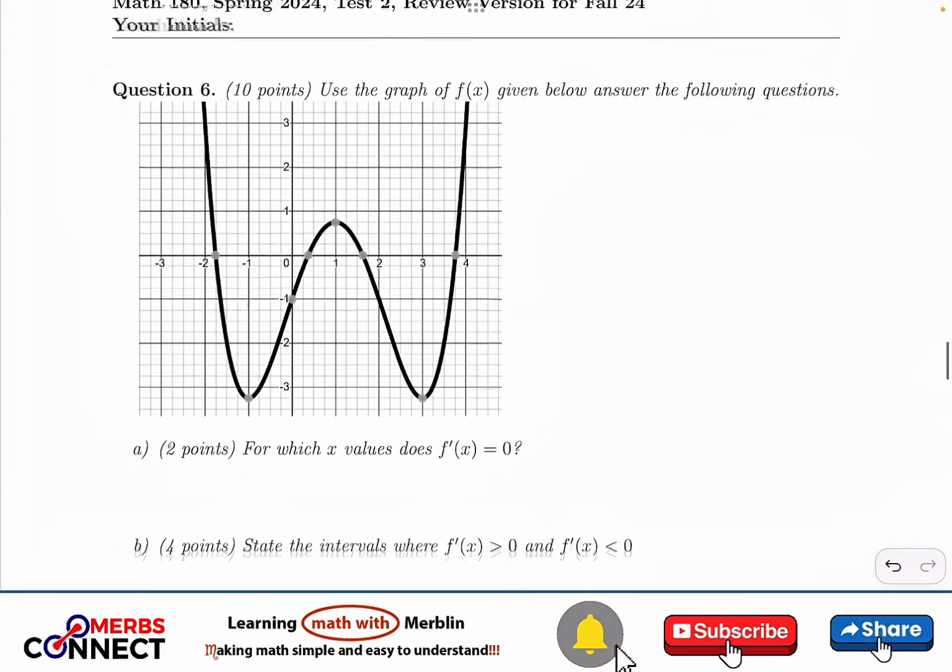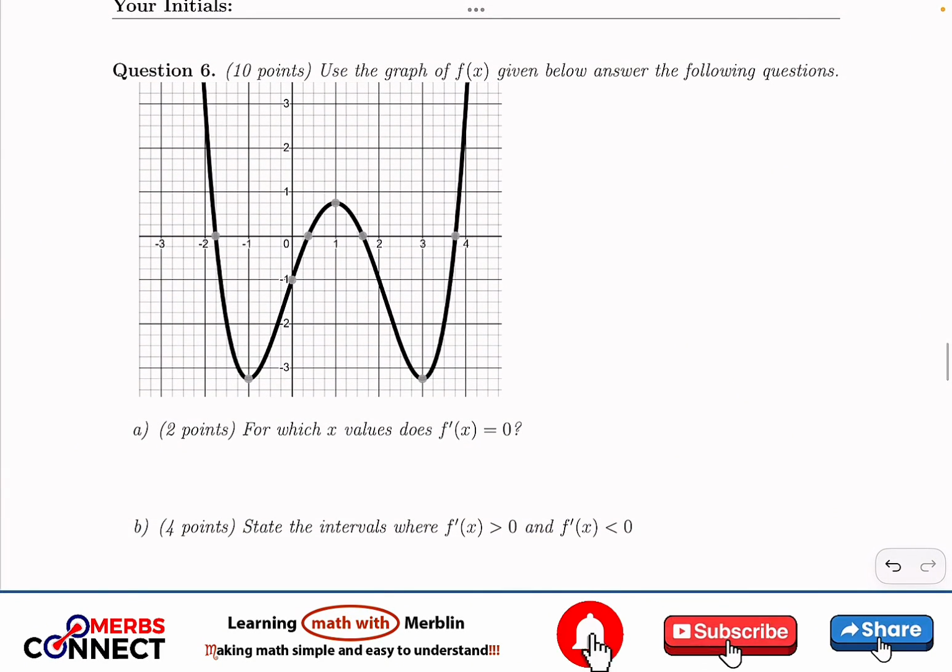Now let's look at question 6. Use the graph of f of x given below to answer the following questions. So for which x values does f prime equal 0? We are talking about the slope of the tangent. So that's where we have the minimum and maximum.